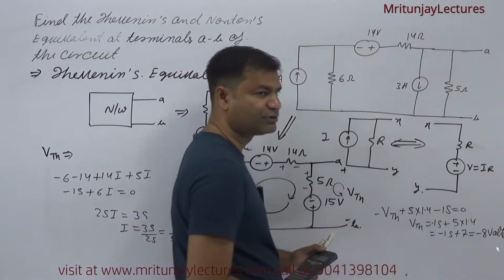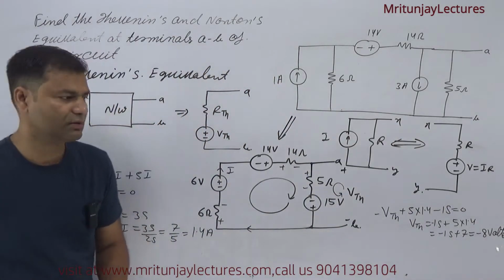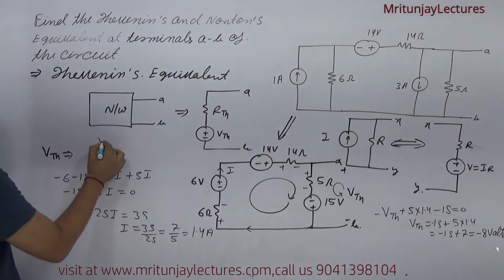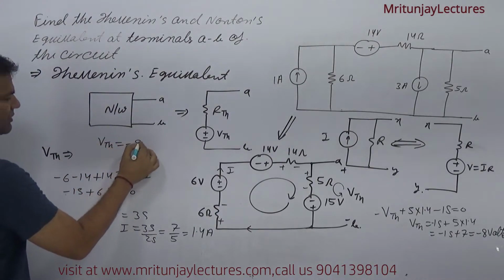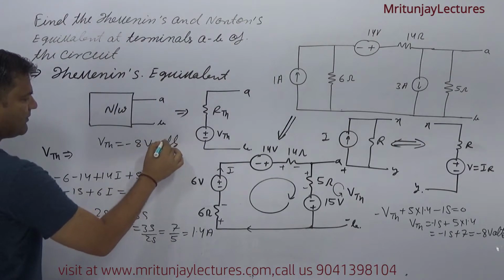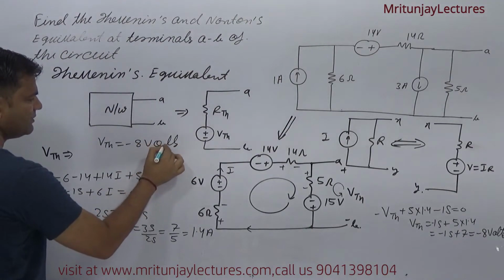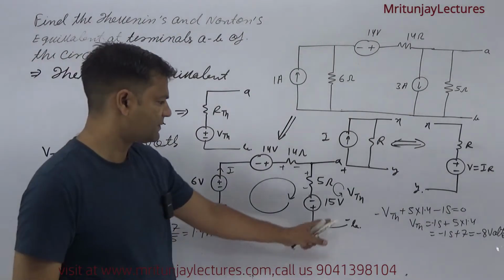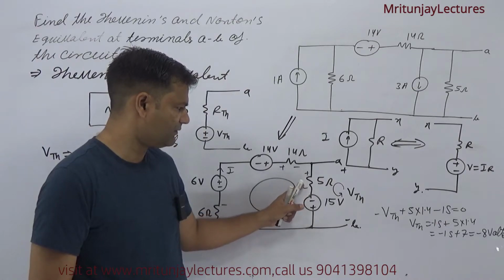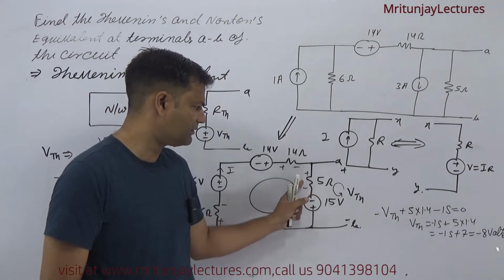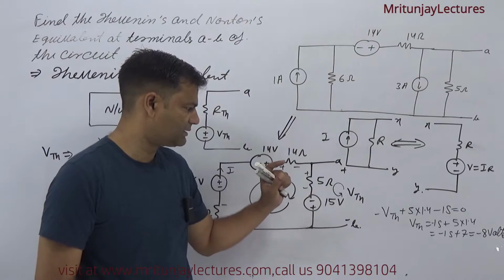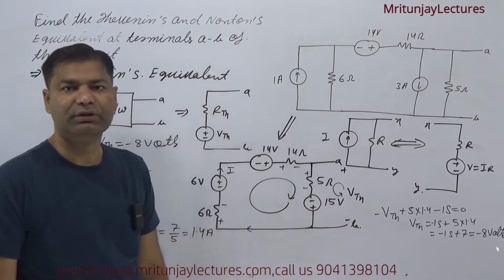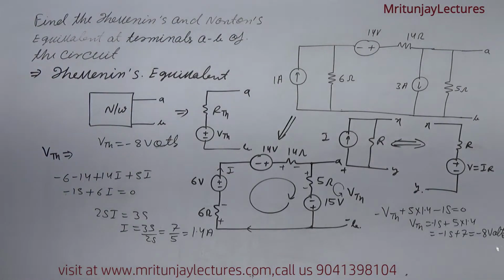The procedure is the same, maybe the answer is different. So we get VTH as 8 volt, sorry, minus 8 volt with sign. Clear or not? Very clear. The direction of current is like this, so 5 into 1.4 is 7, and minus 15, we get minus 8 volt. So VTH is minus 8 volt.